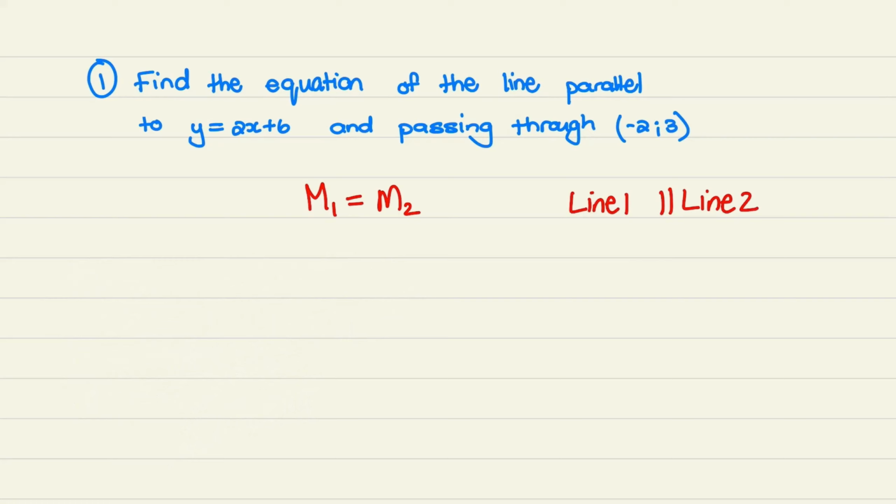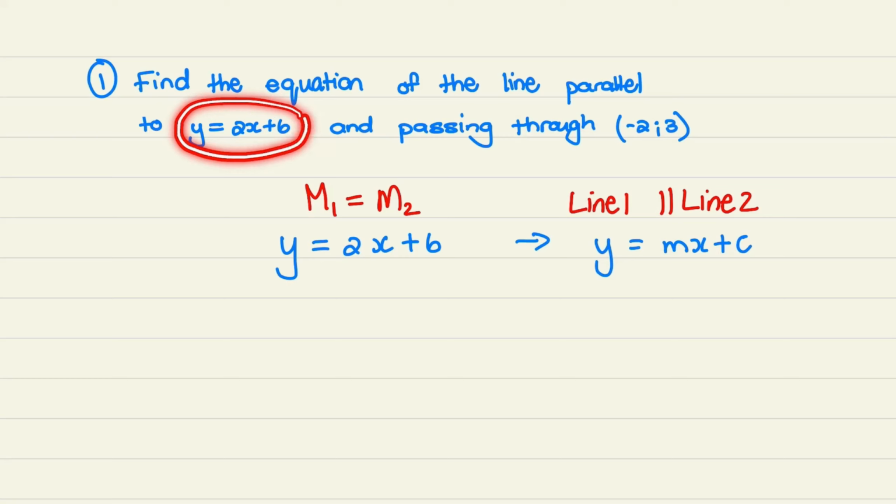So let's first start with theory. If the gradient of line 1 is equal to the gradient of line 2, then the two lines are parallel to one another. So if we study the equation that is given to us, which is y = 2x + 6, and we can see that it is in standard form, we know that the m part, that is the coefficient in front of the x, represents the gradient.